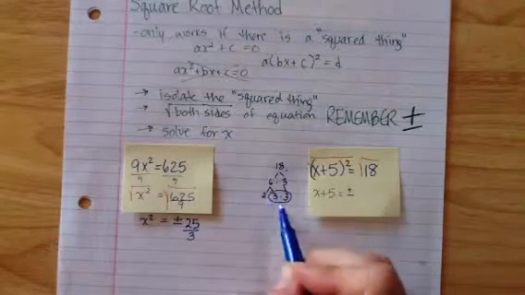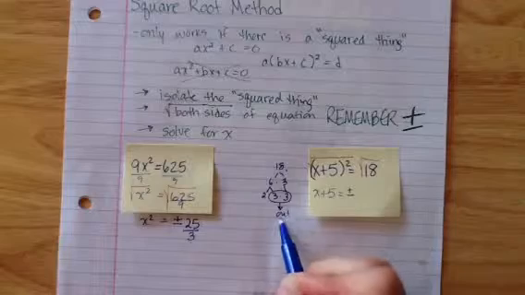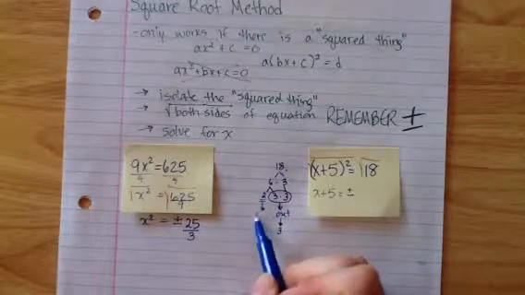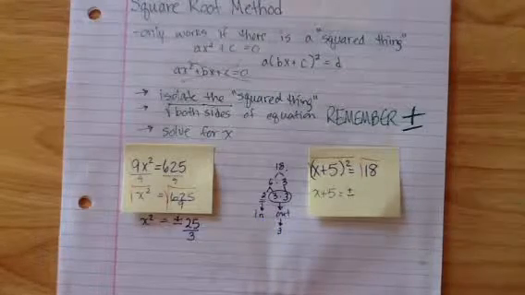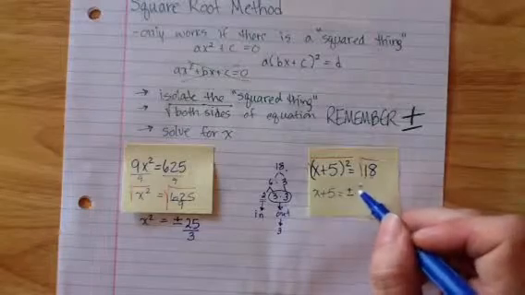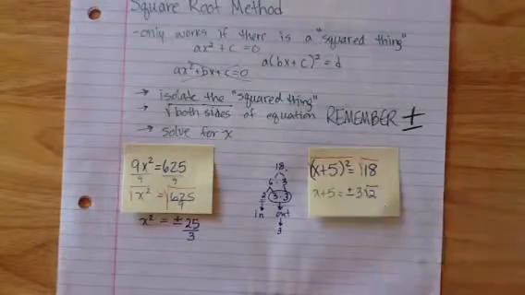We have a pair of 3's that's going to come out of the radical and turn into a 3, and then this 2 stays in the radical.